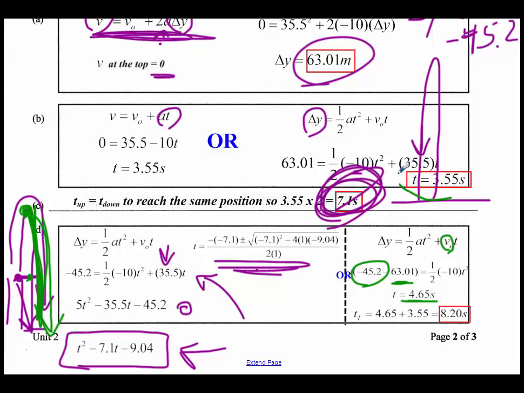Well, remember, we know it took 3.55 seconds to go from here up to the top. So now we've put it in parts. We know it took 4.65 to fall, it took 3.55 to get to the top. Putting those together gets you the total time of 8.2 seconds.